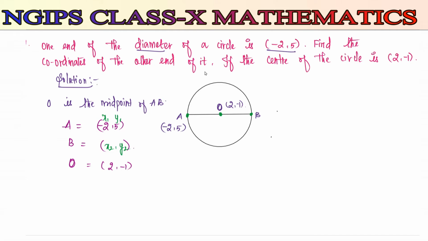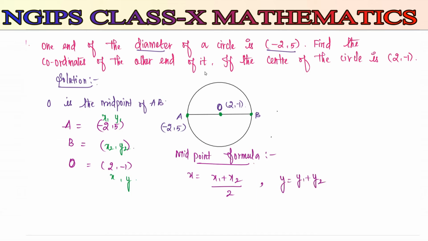Here we will take (x, y). So here I am going to apply the midpoint formula: x is equal to (x1 plus x2) divided by 2, comma, y is equal to (y1 plus y2) divided by 2. So here we have x value, which is 2.